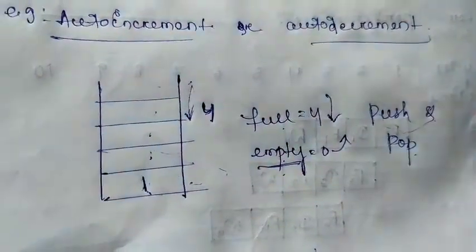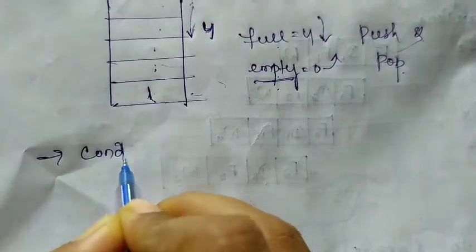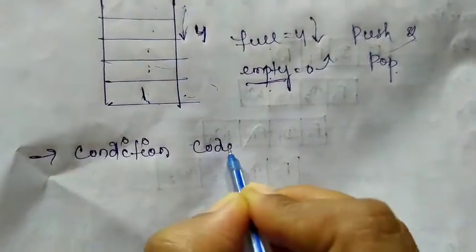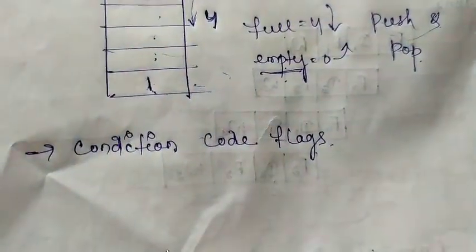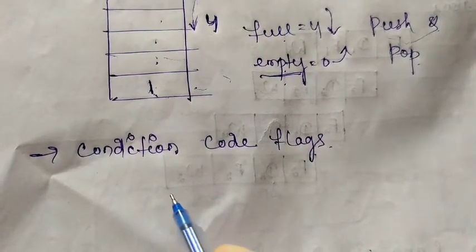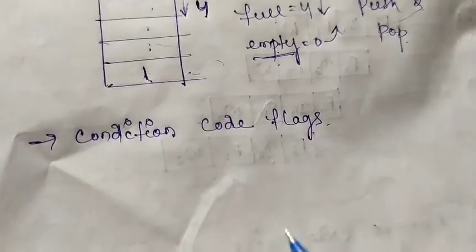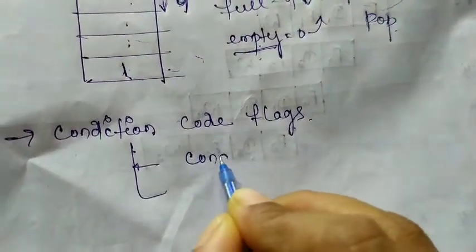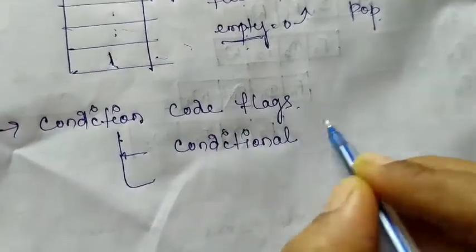Okay, so another side effect is the condition code flags, which are used by instructions such as conditional branches and add with carry. Let me write some examples here, which I have already told in other lectures.